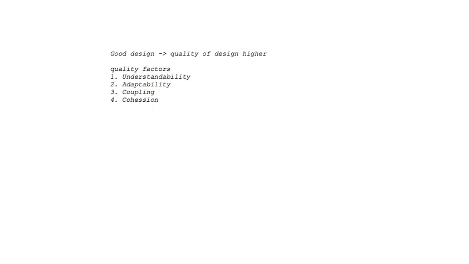Let's say we use a programming language which will not support, in future, updates for future hardware systems. In that case, we can say our system is not adaptable.